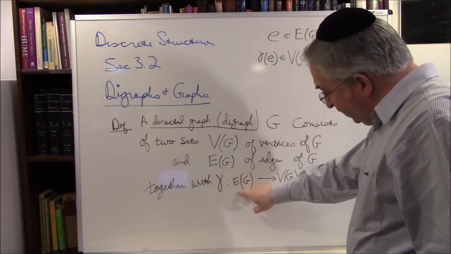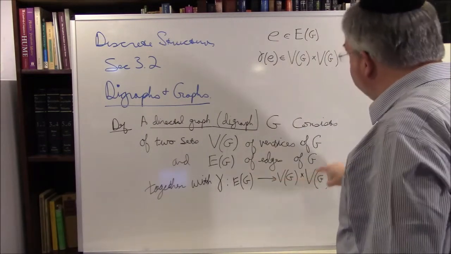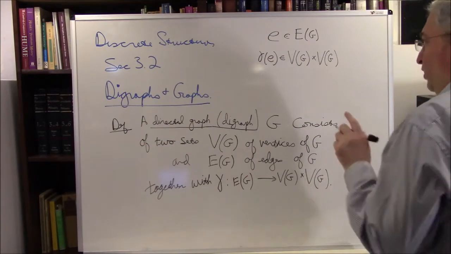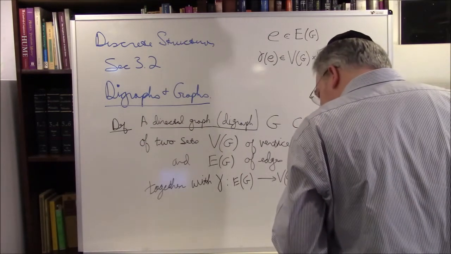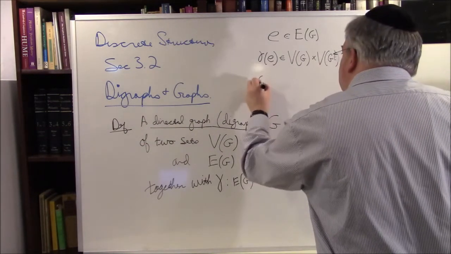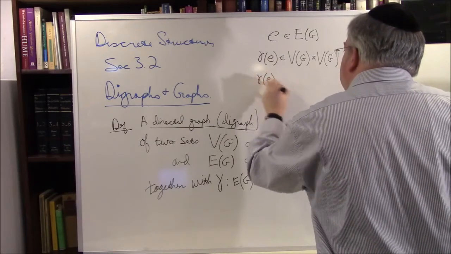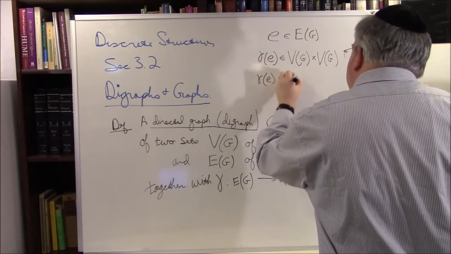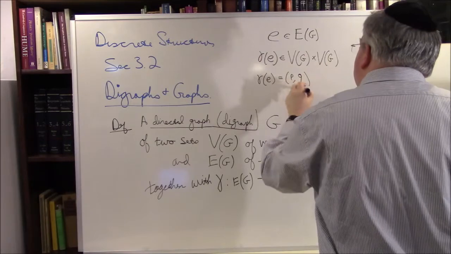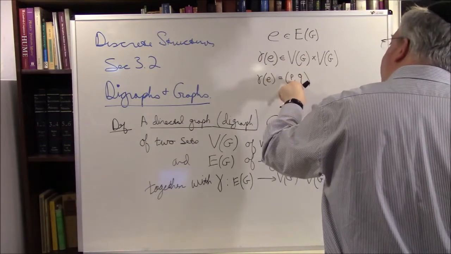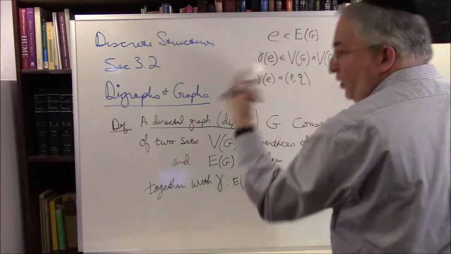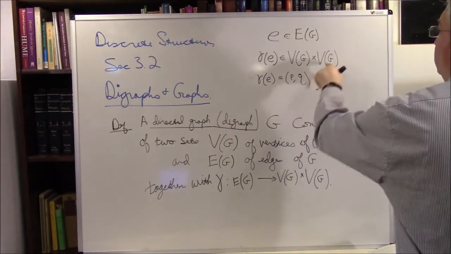It takes an input, an edge, and it outputs a pair. Okay? We're going to write this as follows. Gamma of e is equal to (p, q). That is a vertex, a point, a node, call it what you like, and q a node.